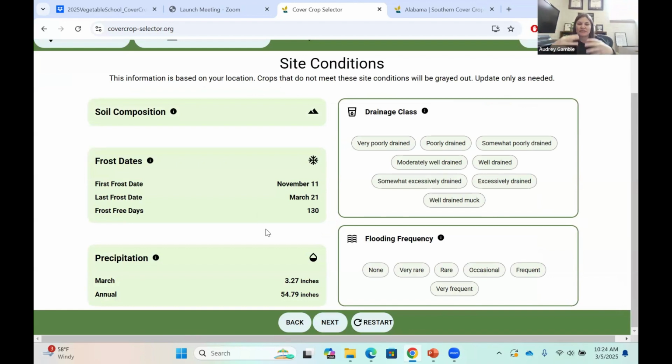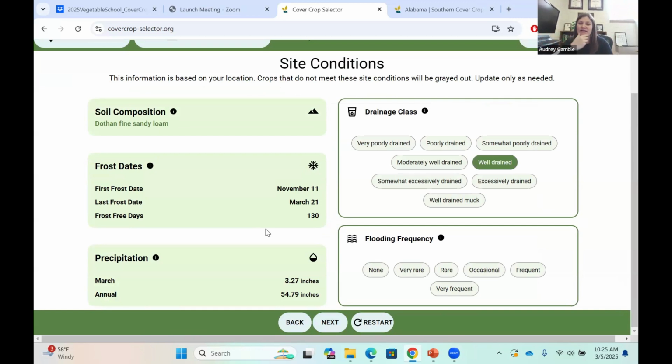So just by putting in my address and selecting my field, it's pulling data about the soil composition. And this particular soil, it is a Dothan fine sandy loam. It's a well-drained soil. It's pulling in weather data, so it knows my approximate precipitation and how frequently it's flooded, because these are all factors that are important for determining what cover crop species might thrive in your area.